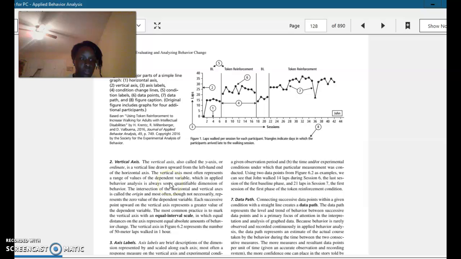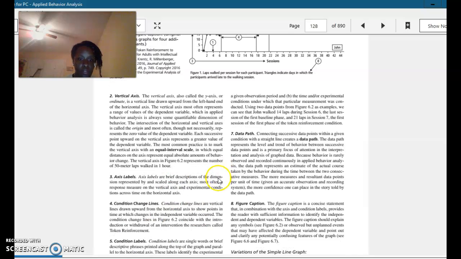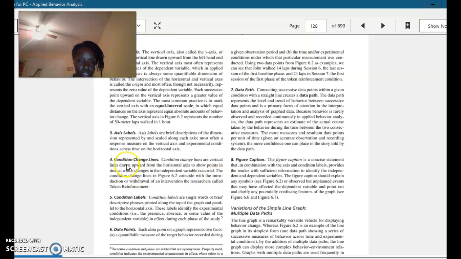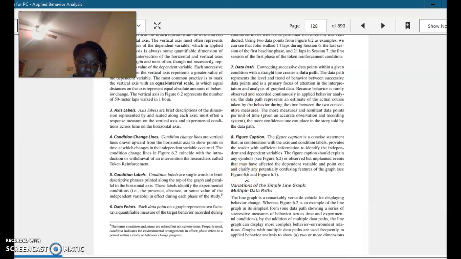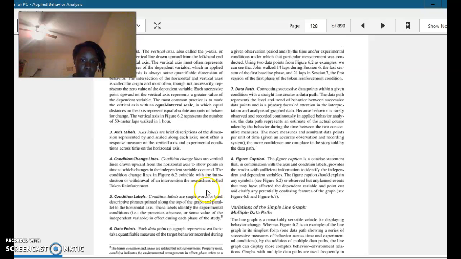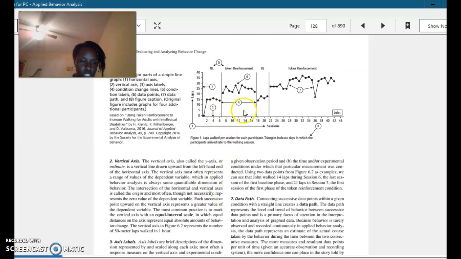Then you have various other parts of the graph, which are your condition change lines, your condition labels, your data points, your data path, your figure caption, and basically your condition change lines, which is right here.